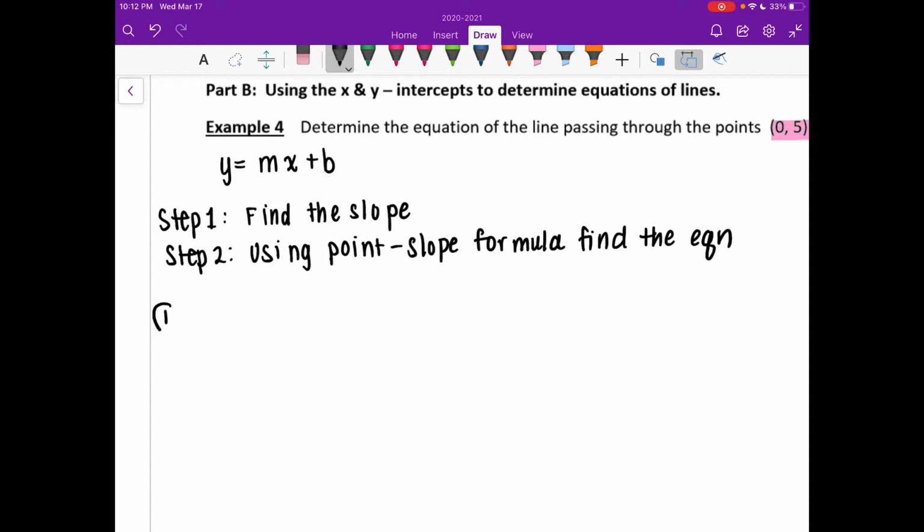So step 1, I'm just going to circle it as 1 here, is let's find the slope. So y equals mx plus b. I know that m is going to equal y2 minus y1 over x2 minus x1.